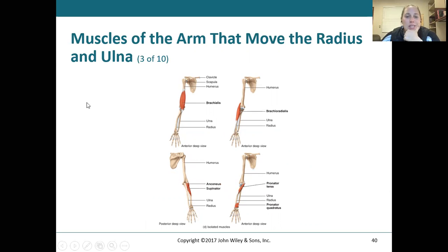The brachialis you can see here in the first image, brachioradialis in the second image, anconeus and supinator in this third image, and pronator teres and pronator quadratus. Again, these are important for movements of the radius and the ulna, and they'll also play a role when we talk about movements of the hand.